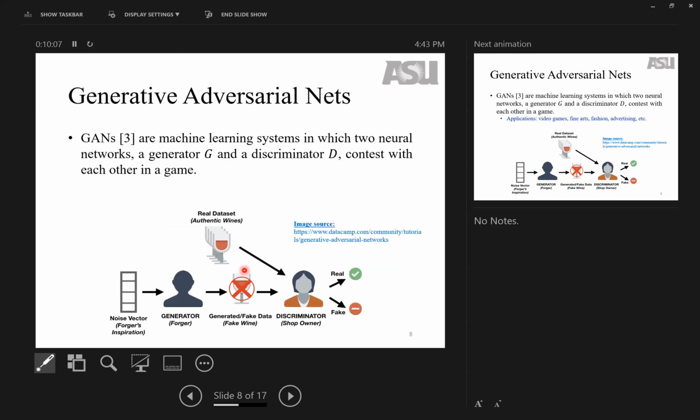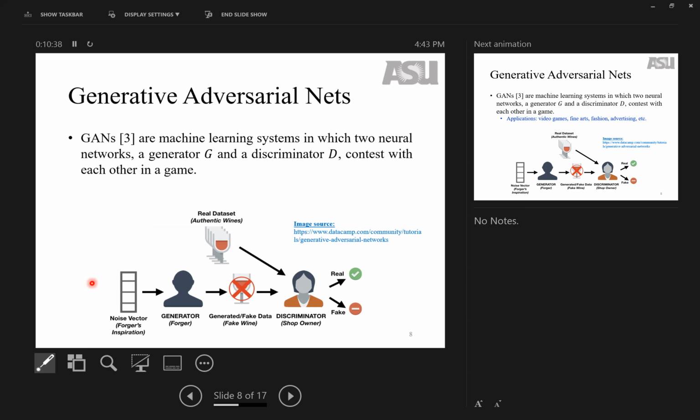So to give you a better idea of this starting point, I'd like to briefly explain what a generative adversarial net is. GAN is a machine learning system that consists of two neural networks. One is a generator, or generative model G, and the other is a discriminative model D. These two neural networks compete with each other in an image generation game.